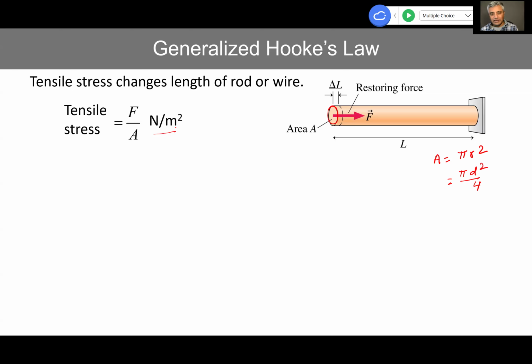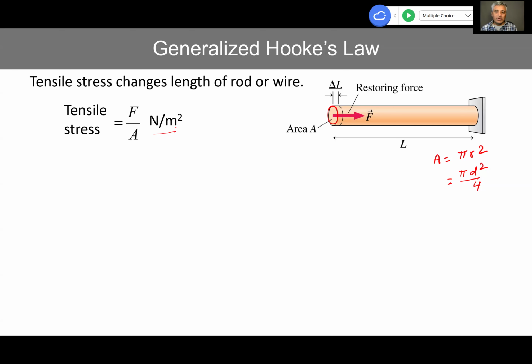So there are different kinds of stress, okay? Here we are talking about a particular kind which acts directly along the length or opposite to the length. Sometimes we can squeeze a ball. In that case, it's acting on the whole volume. So that's another kind of stress.